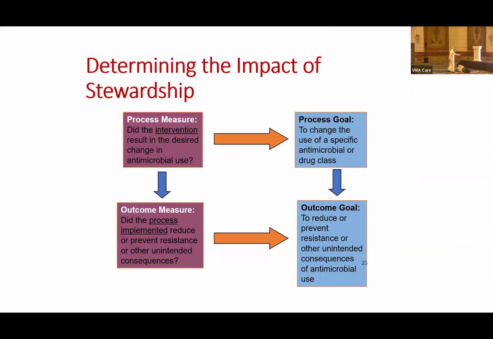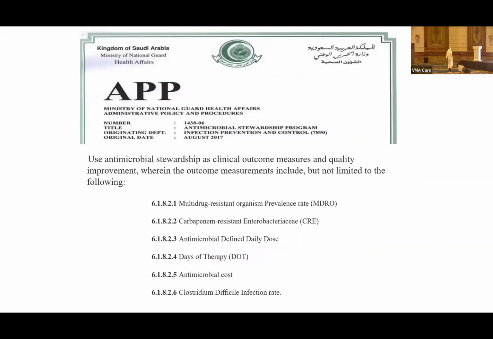The process will be explained, inshallah, by Dr. Bashair. I will skip. These are our outcomes in National Guard. We want to make sure that all of these are met in our hospital, such as multi-drug resistant organism prevalence.